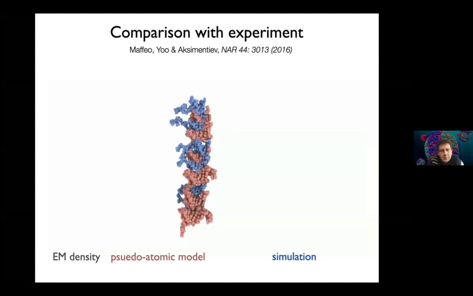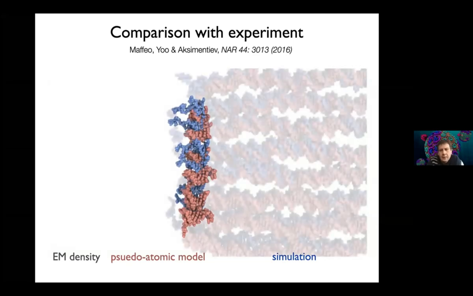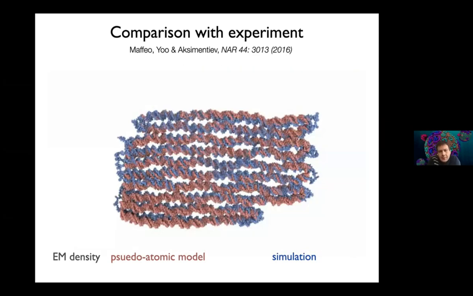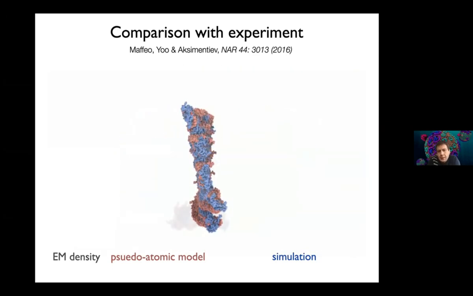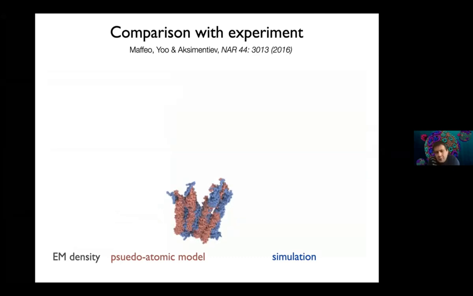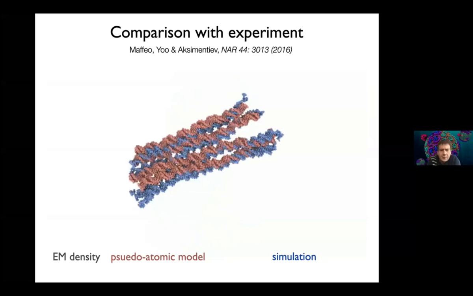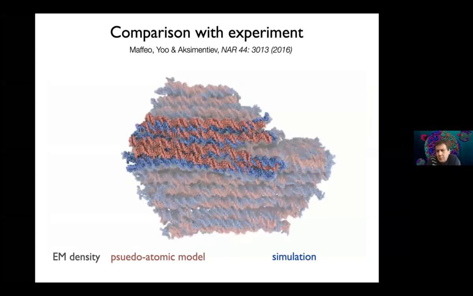So we got the geometry there also right on. So basically, the conclusion was that our all-atom model, you see there's a little bit of out-of-plane motion and also splaying at the end, all came out just from the simulation, meaning that our model is actually pretty good.